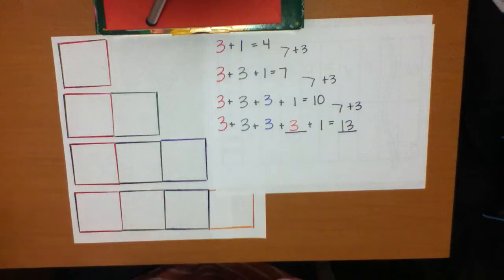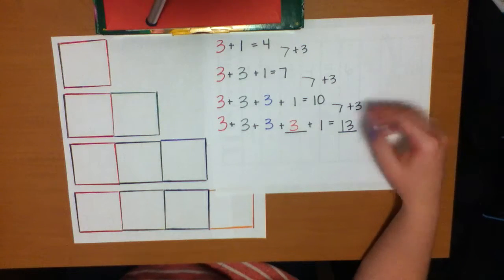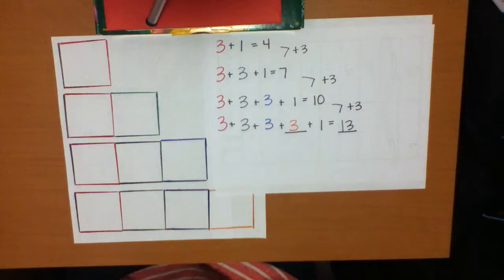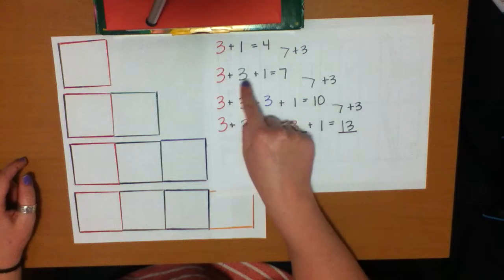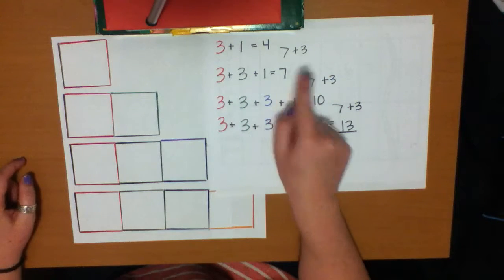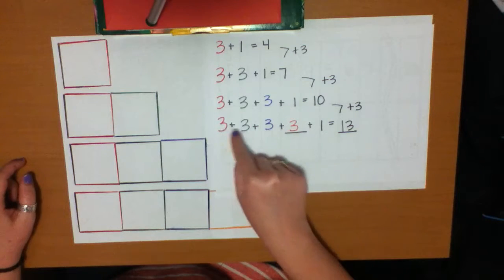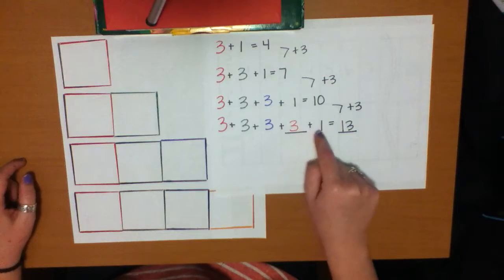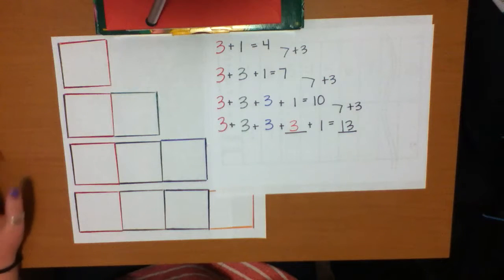You see that the pattern is constant by adding 3. We can abbreviate this plus 3 by saying one group of 3, or 2 groups of 3 plus 1, or 3 groups of 3 plus 1, or 1, 2, 3, 4 groups of 3 plus 1. We know that this is repeated addition, and it's also known as multiplication.